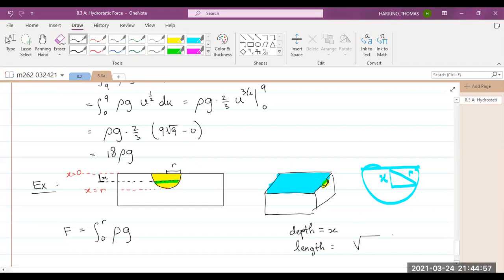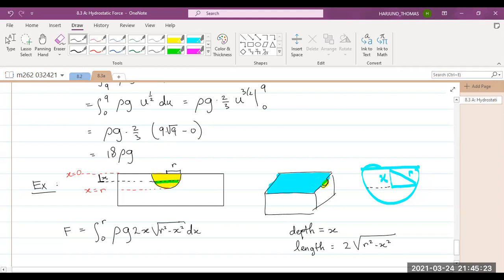It will be square root of r squared minus x squared, right? But then you double the length. So this will be 2x square root of r squared minus x squared dx. That's the formula.